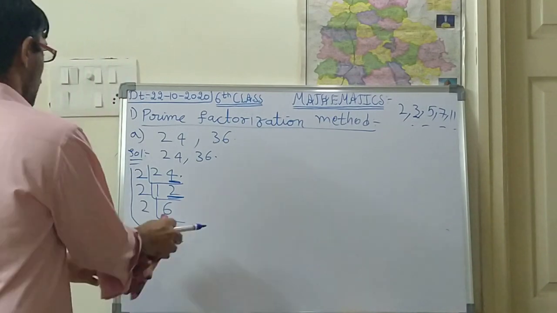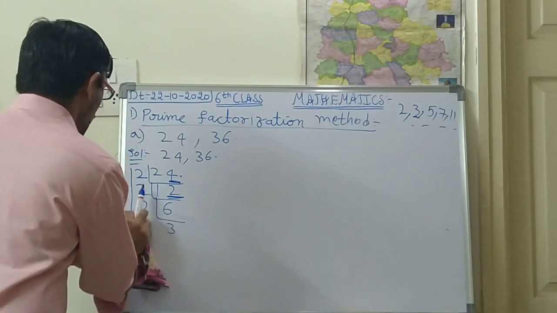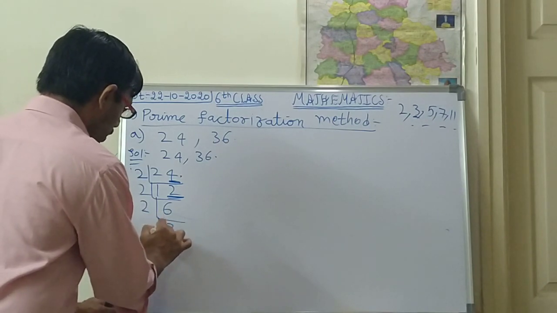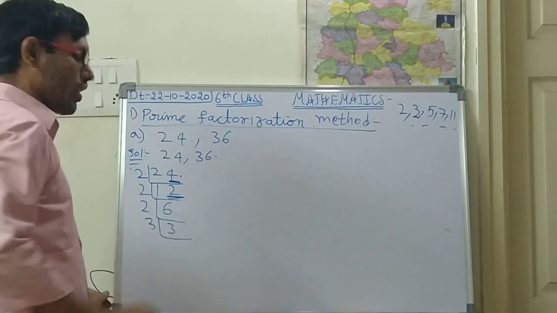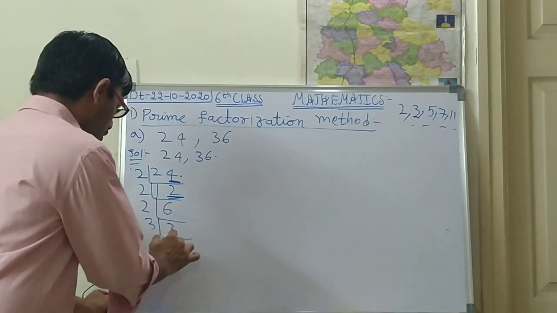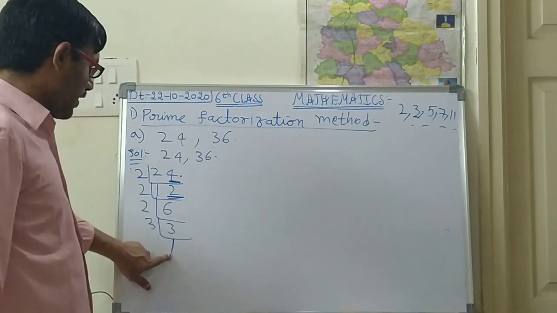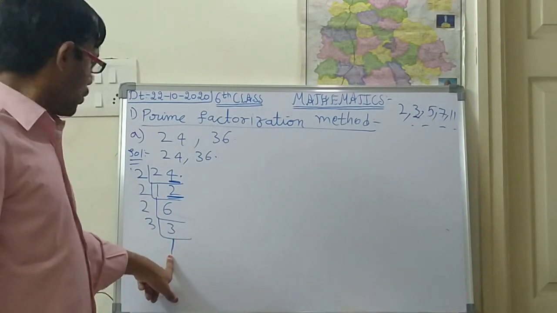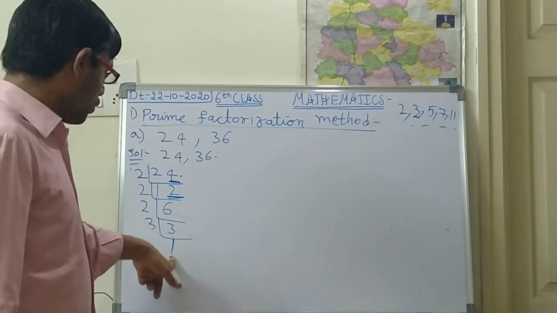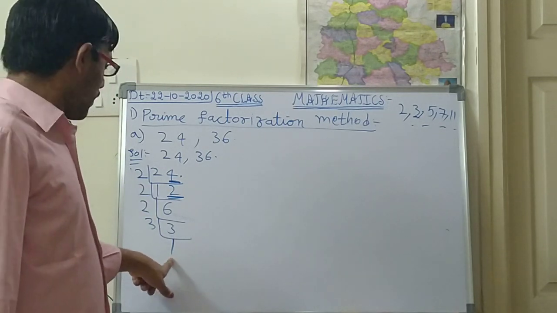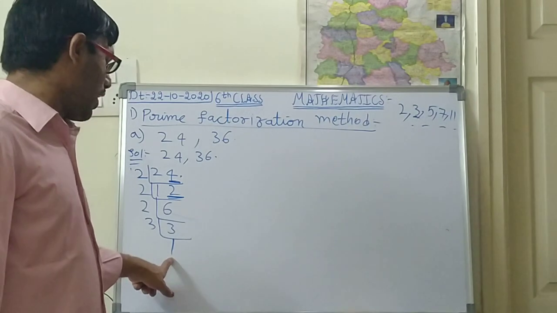Instead of this you can do it like this also. Here 3 is there. So 3 is going in the 3 table. So 3 ones are 3. Now what is the answer here? Here we got 1. So you should do this division until the result gets 1.